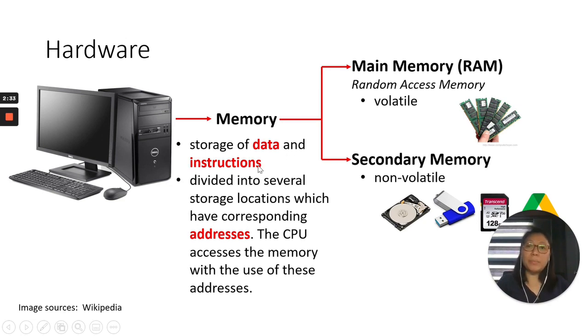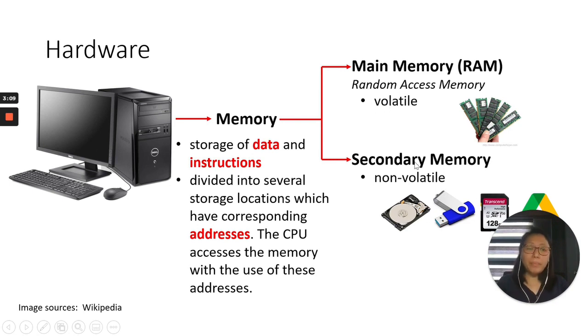The data and instructions are stored in the memory, and this memory are divided into storage locations which have addresses. And the brain or the CPU accesses this memory using these addresses. The computer has two types of memory. The main memory, or the RAM, which is volatile, which means that if we turn off the computer, the data in the main memory will not be available the next time we turn it on.